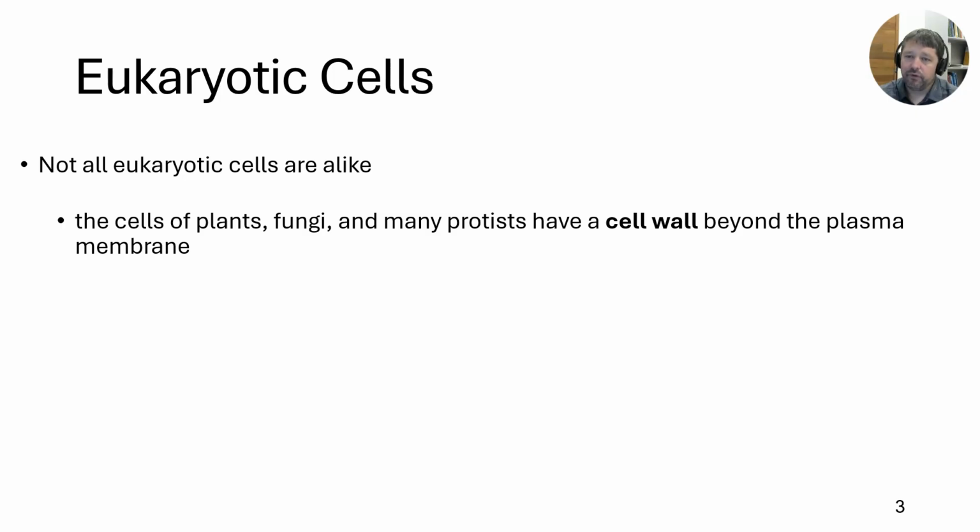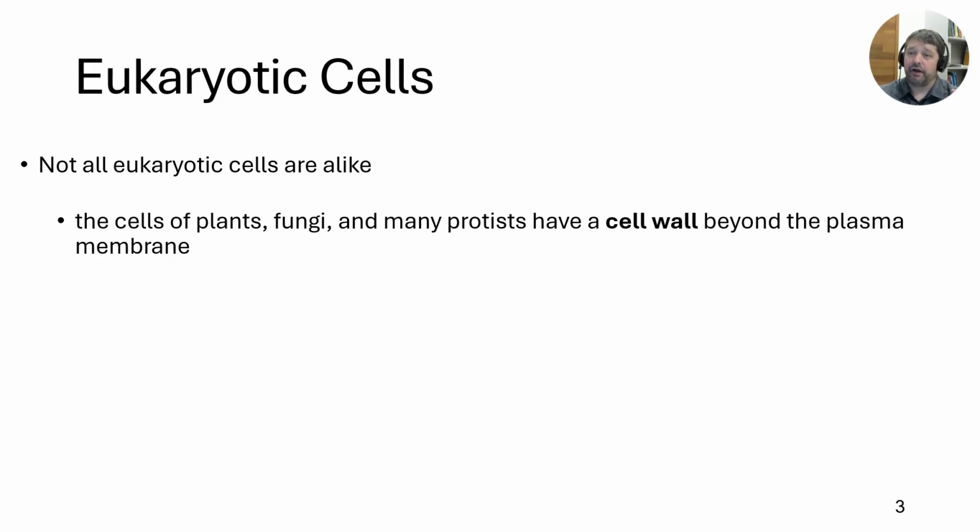But that cell wall serves the same purpose as the cell wall in bacteria and prokaryotes. It's an extra piece of protective material. The difference here, though, is that the plant, fungi, and protista cell walls make them rigid.